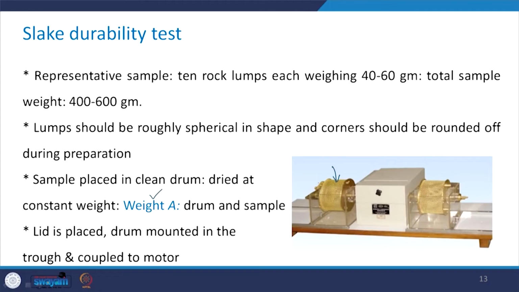When you open the lid, you can place the sample inside the drum. You place the lid and then mount this drum in the trough like it has been shown here, which is coupled to the motor. So, here is the motor.